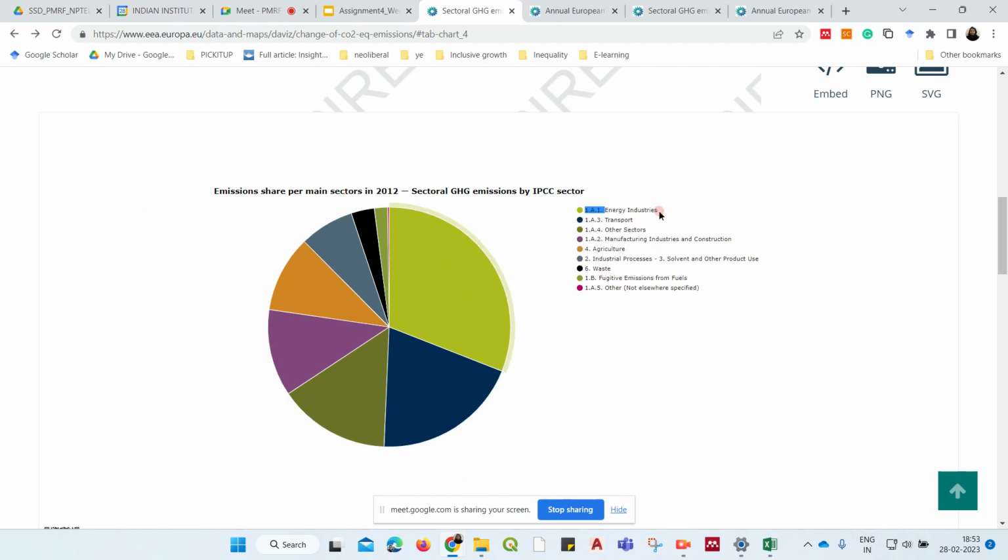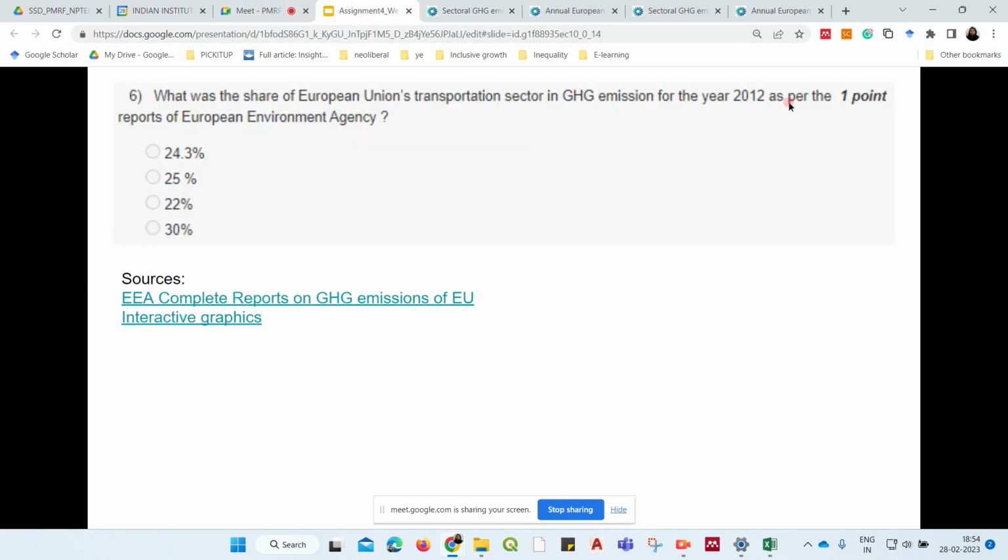So there are different sectors like energy industry, transport, other sectors, manufacturing and construction, agriculture, industrial processes, etc. And for each sector the GHG emission is given in this. But what we are asked here is GHG emission in terms of percentage of the total emission.